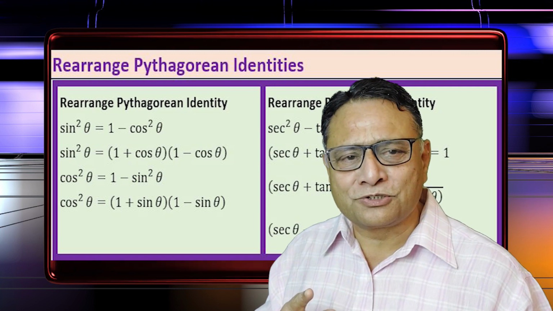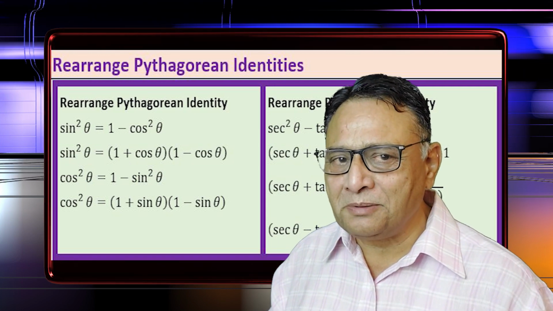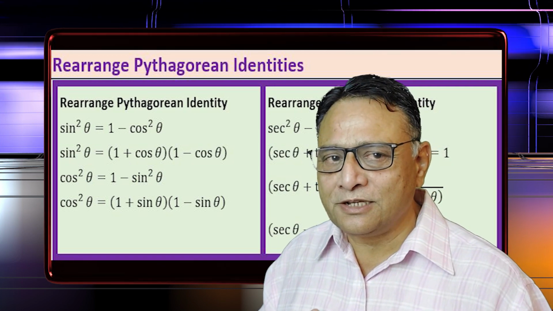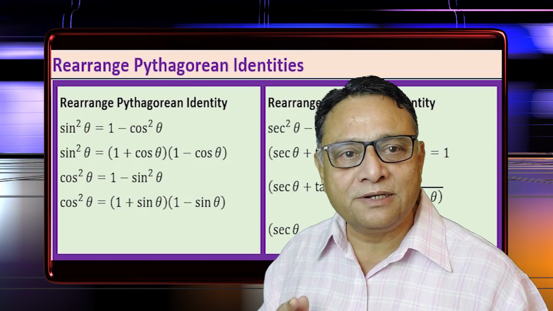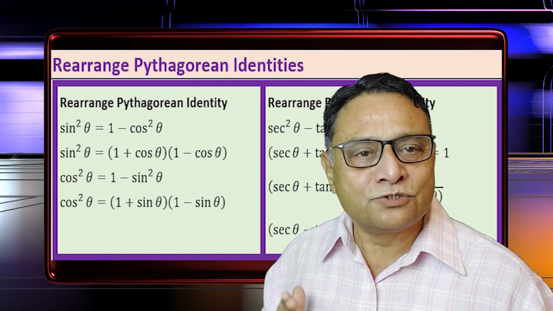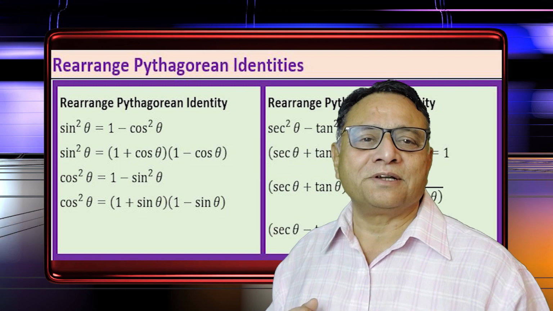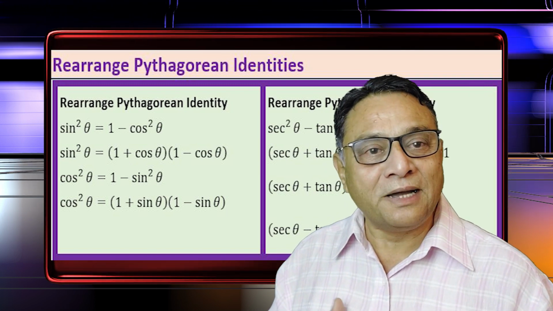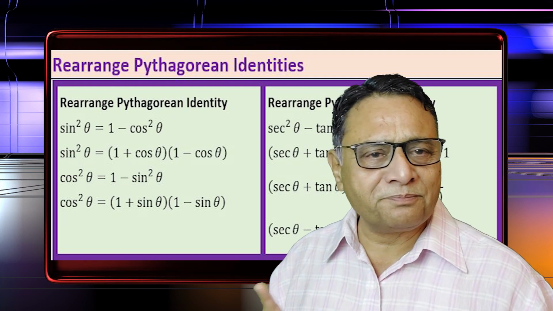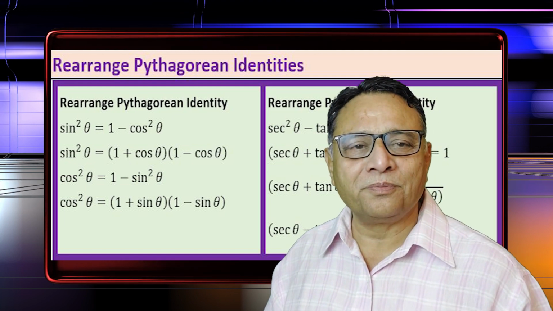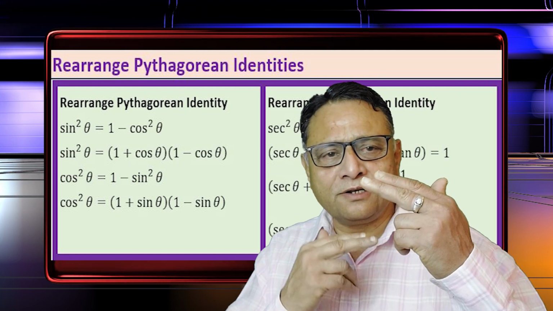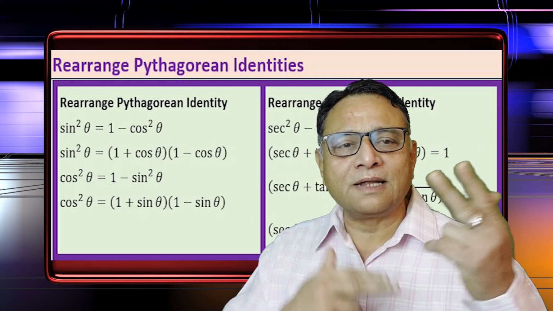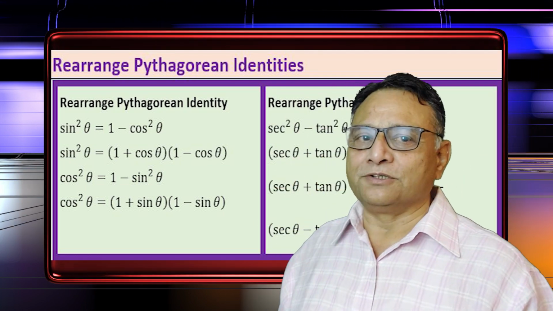Now, 1 minus cos square theta is a difference of squares, you remember? a square minus b square is what? (a plus b) times (a minus b). So 1 minus cos square theta can be written as (1 plus cos theta) times (1 minus cos theta). We have already got it in factored form. Now when you have numerator and denominator in factored form, you could cancel and simplify further.